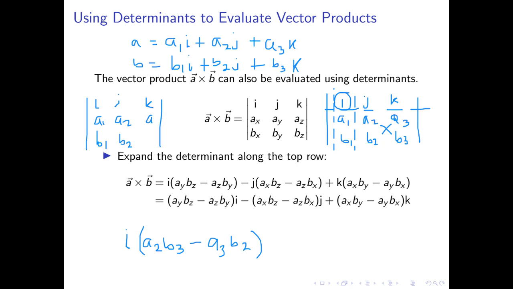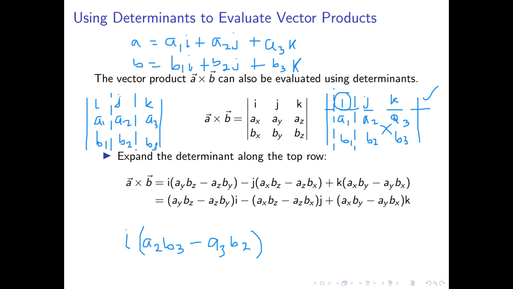Okay, so now we are picking the J component. We are done with the ith component. So since we are picking the jth component, we pretend to close the jth column.